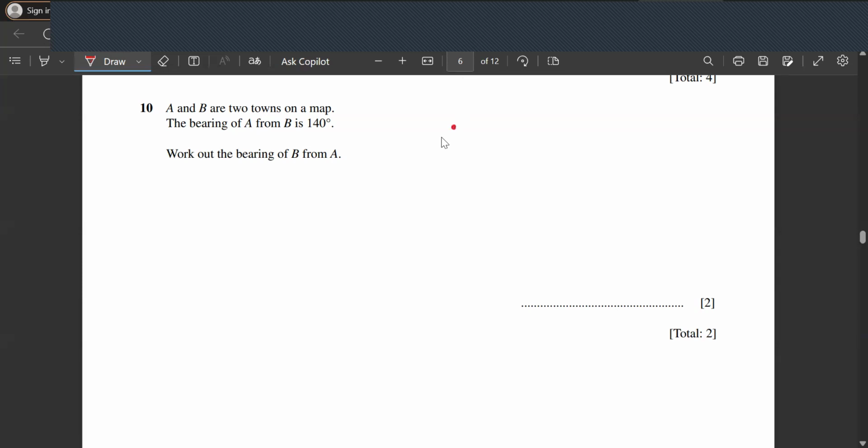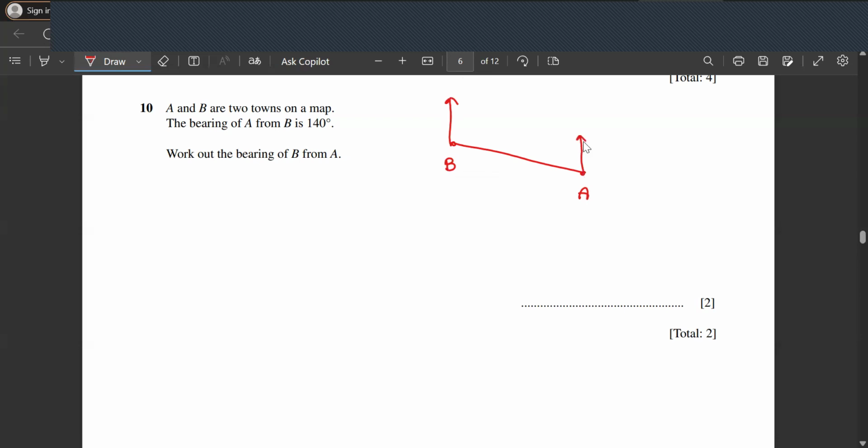I will put here point A and here point B, then join them like this. He said first the bearing of A from B. Let me erase it and draw it again. Here A. Like this.